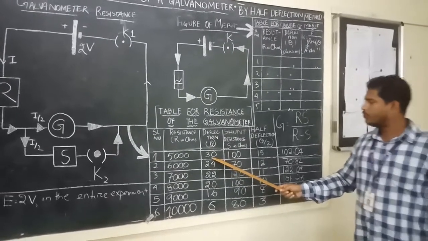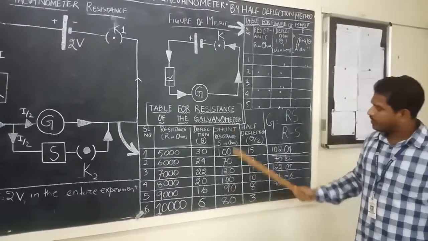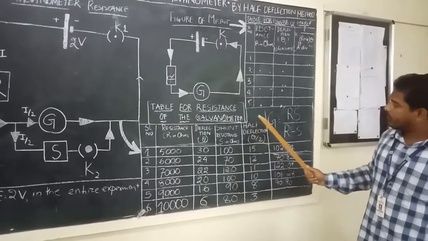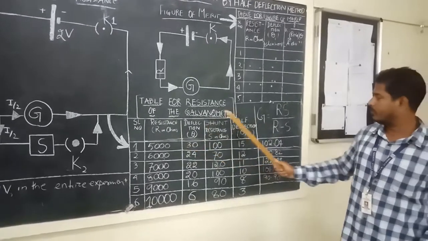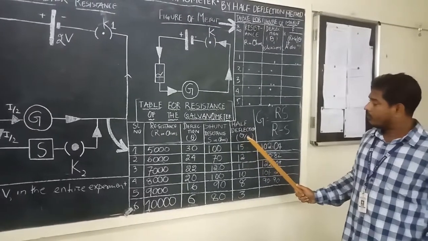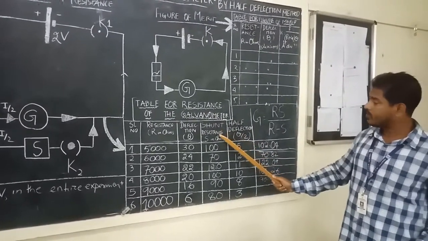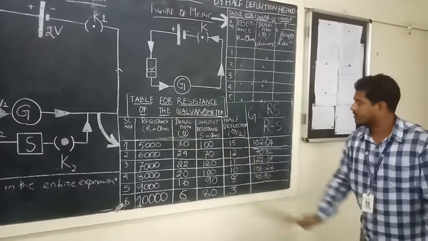Now we have to find out at what shunt resistance the deflection will be half of the initial deflection. So we have to take care. We will find the resistance in the shunt circuit where the deflection will be half of the initial deflection.